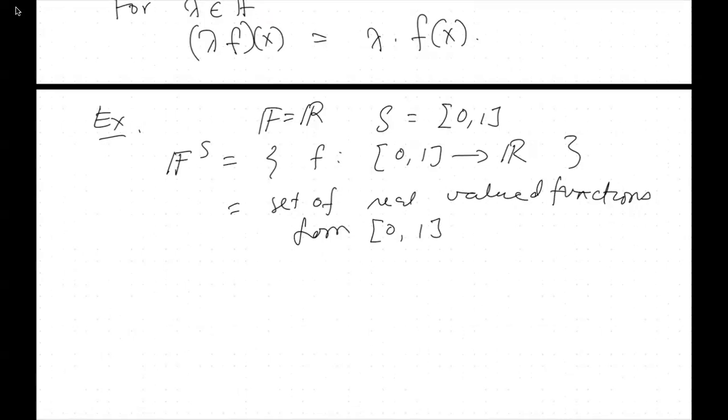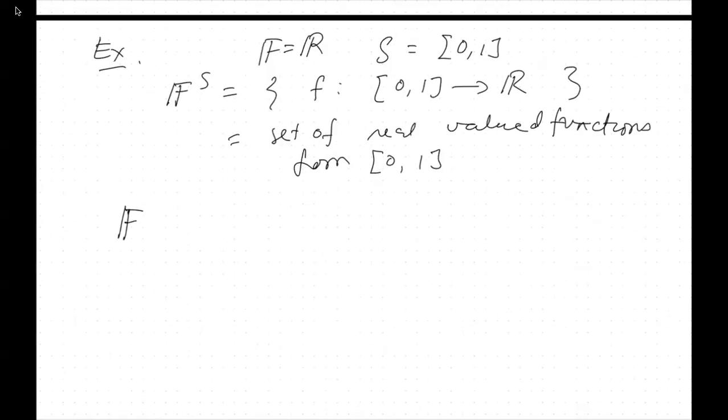And then this definition here of F to the n, you can think of it as F to the 1 to n.